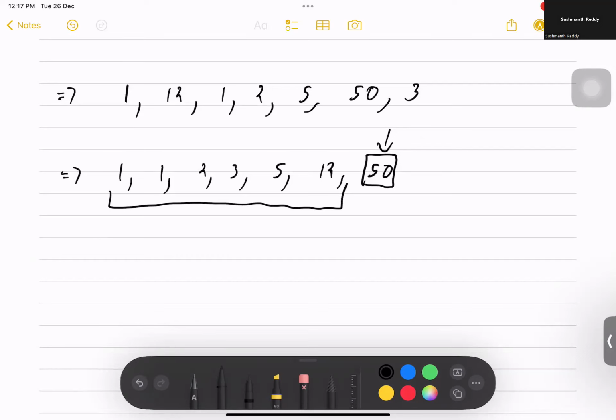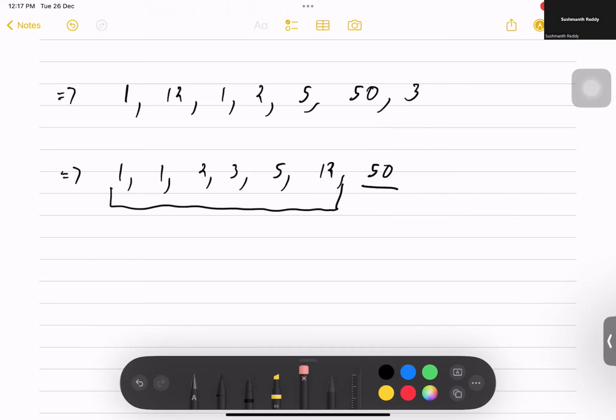What we can do is fix the largest line segment at every point and find out if that can be the largest side. As soon as we get a valid one, we can just break, because we are already doing it greedily. We are coming from right to left, and the more line segments we include, the better the perimeter will be. If 50 is the largest side of the polygon, then all these line segments will get included.